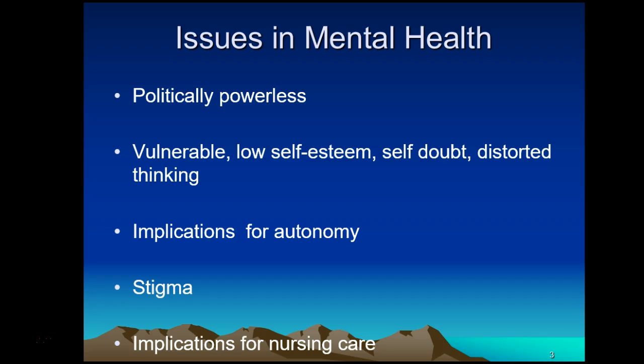I think that from a historical perspective, people who have a mental illness traditionally and historically have always been very politically powerless and extremely vulnerable, hence the name of the actual module, vulnerable populations.